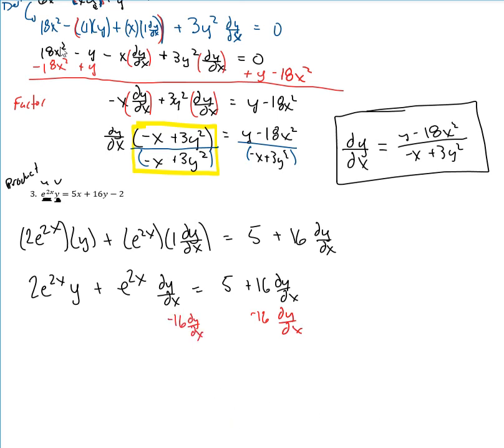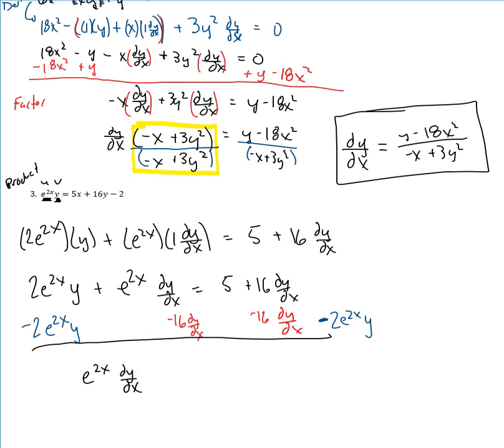So if we subtract that over, let's go ahead and do two things in one. I think we can handle it. So notice this first term doesn't have dy dx in it. So let's go ahead and just subtract that on over to the other side as well. That way, in one big step, we do two things in one. So on my left side, that all zeroed out, but I'm still left with the e to the 2x dy dx.